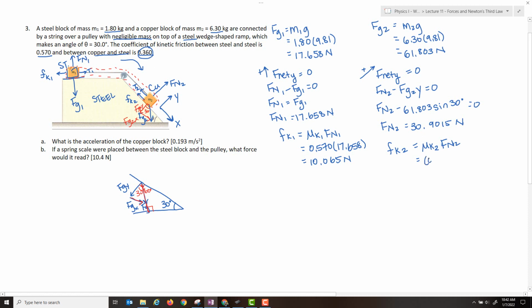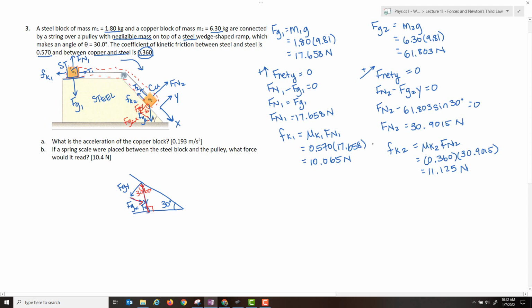So that's my coefficient of friction for object 2 times the normal force. So I'm going to multiply that on my calculator. And I get 11.125 newtons. All right, so now I have all of my forces other than the force of tension, which I said are internal inside the system, so we don't have to worry about them right now.